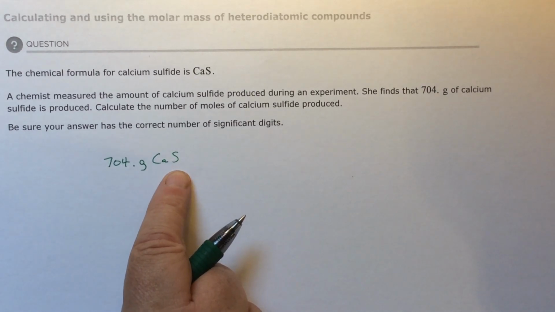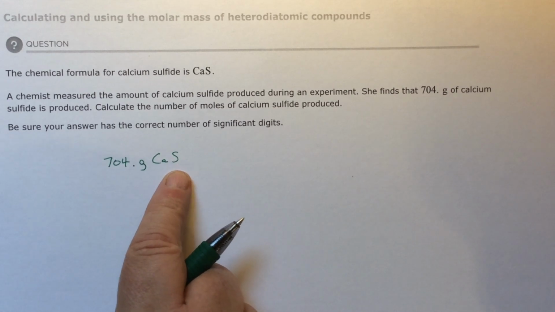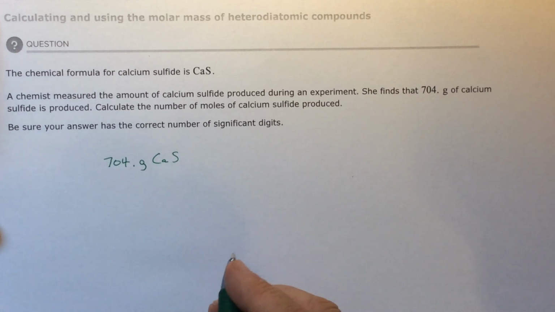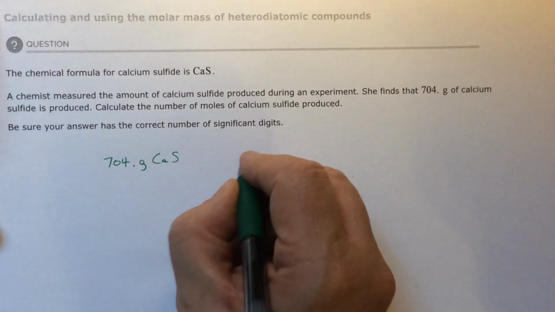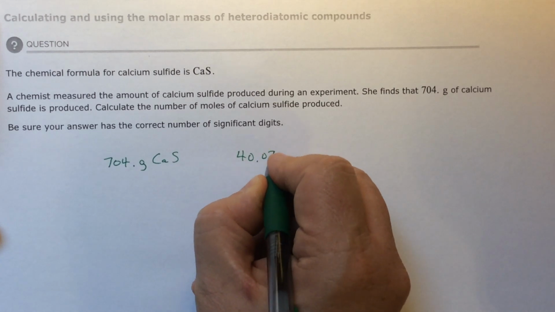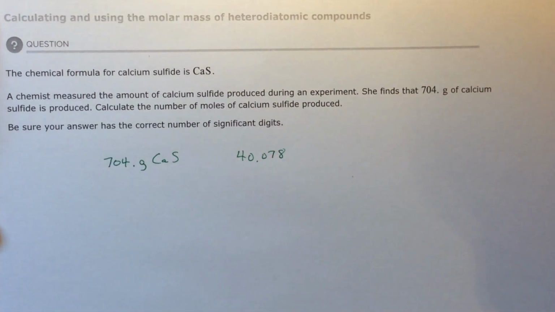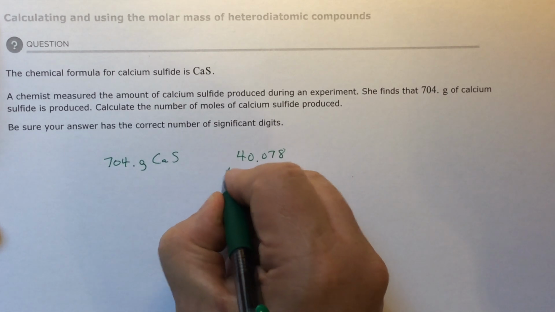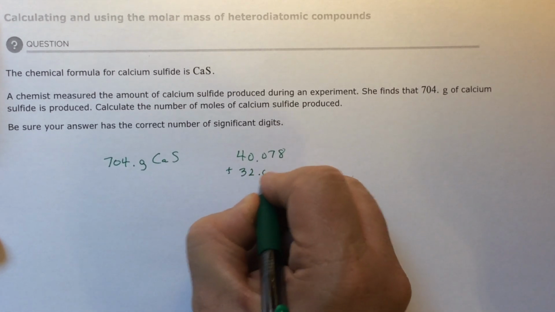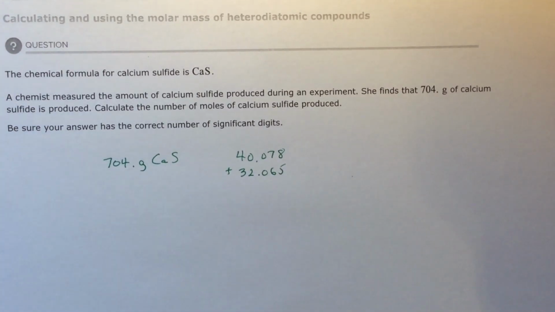Okay, so first of all, calcium, number 20, is 40.078 grams, and I'm going to add to that sulfur. Sulfur is 32.065 grams.